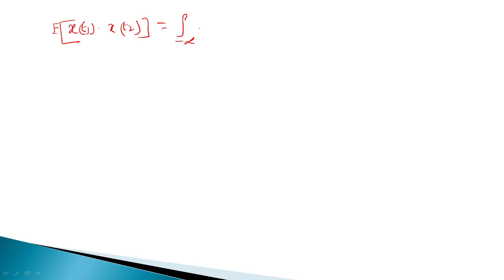That is average, meaning integration of x of t1, x of t2 and f of x1, x2 and t1, t2. So this is an average for two signals, dx1 and dx2.